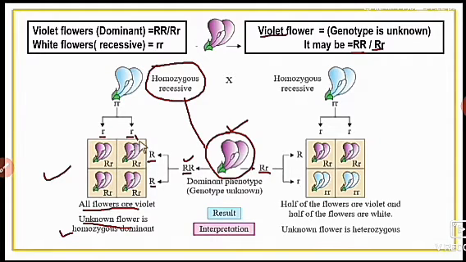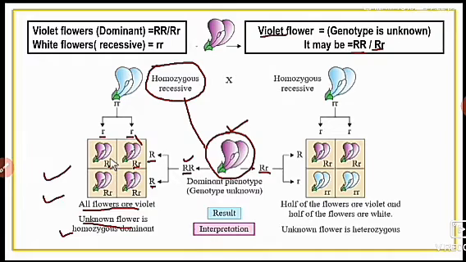Then all flowers are violet, so the genotype is capital R capital R. All offspring are similar, but their genotype is capital R small r.